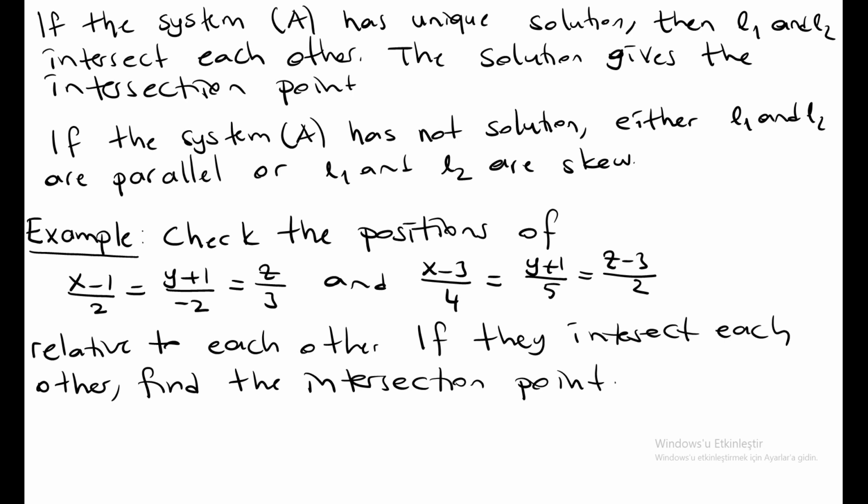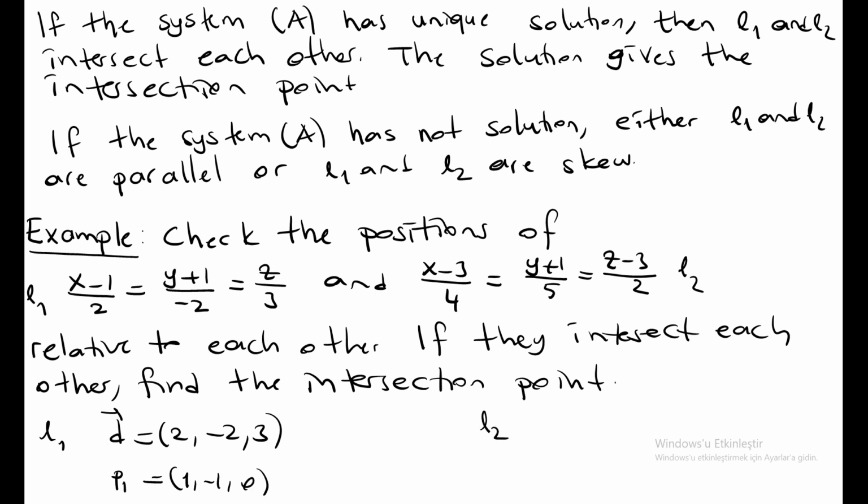Okay, so first let's say this is L1, this is L2. L1 has the direction vector 2, −2, 3, and the line is passing through the point, let's say P1, 1, −1, 0.